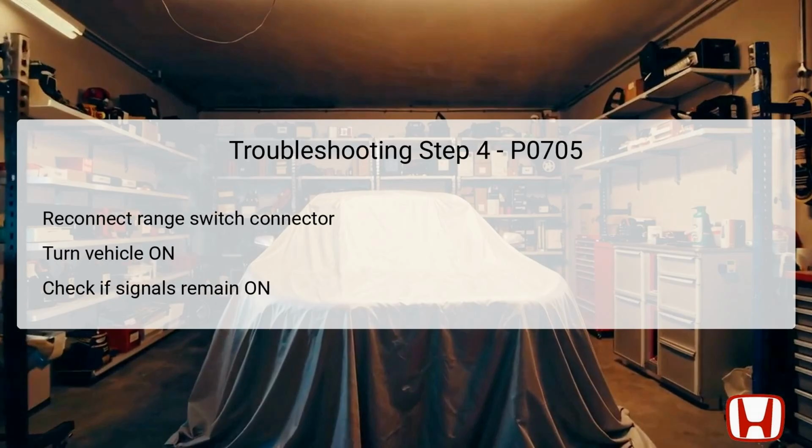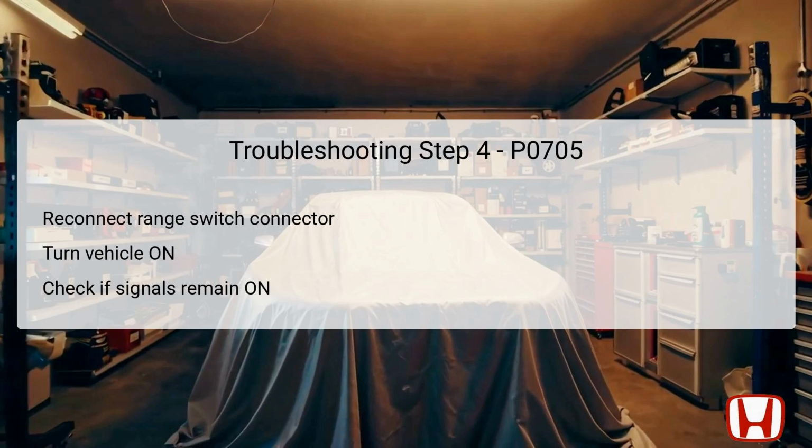In troubleshooting step 4, reconnect the transmission range switch's 10P connector, ensuring it is securely attached to prevent any further electrical interference. With the vehicle now turned on again, closely monitor the signal inputs via the HDS.